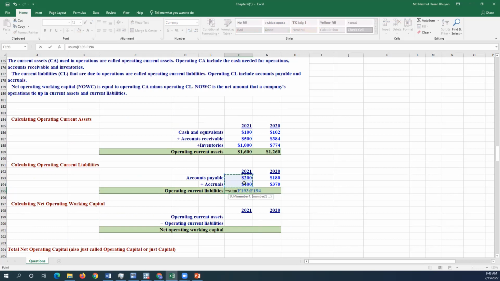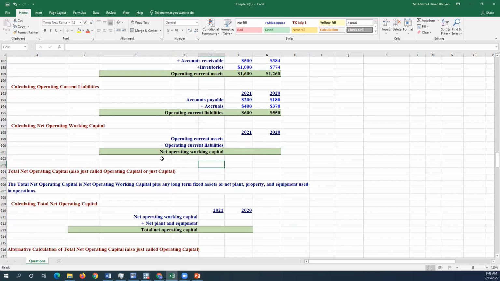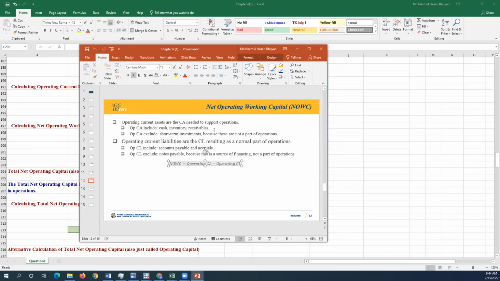Now let us calculate our total operating current liabilities. Now let us calculate our net operating working capital, and the net operating working capital, as you can see here, is the difference between operating current assets and operating current liabilities.